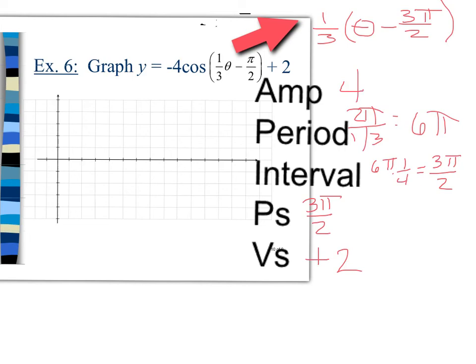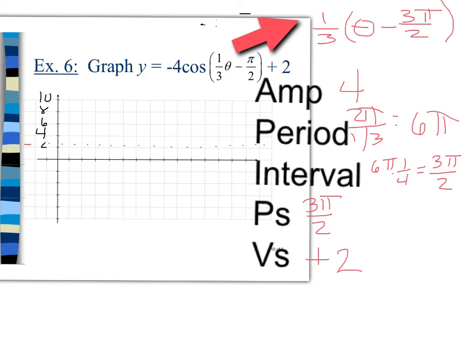So just to set everything up, I only have 5 lines, so I'm going to have everything be 2, I guess. So that'd be up 2. So just so you see, I'm going to let this be 2, 4, 6, 8, 10. So my midline is going to be up by 2.